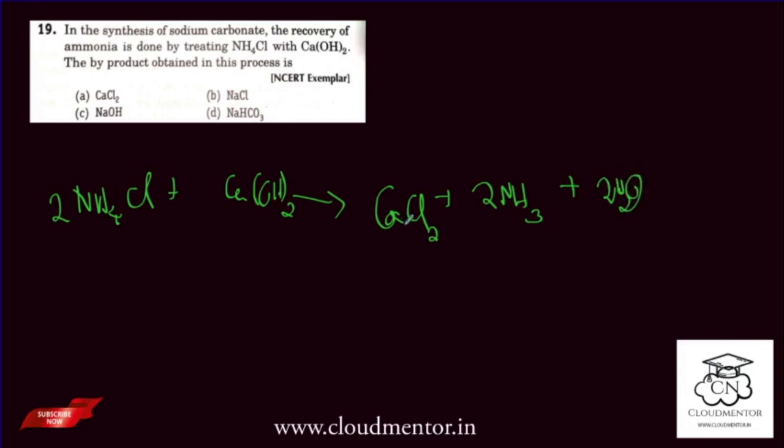So this is the reaction happening there. The product formed will be CaCl2, calcium chloride. So option A is the right answer.